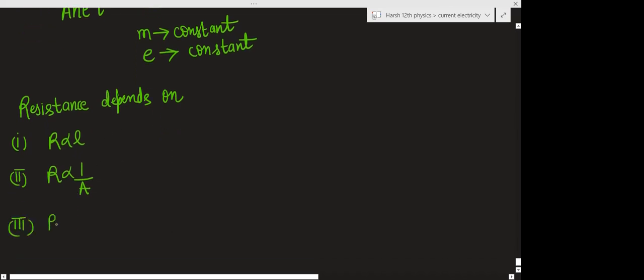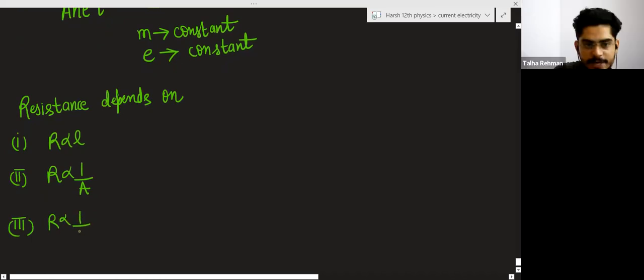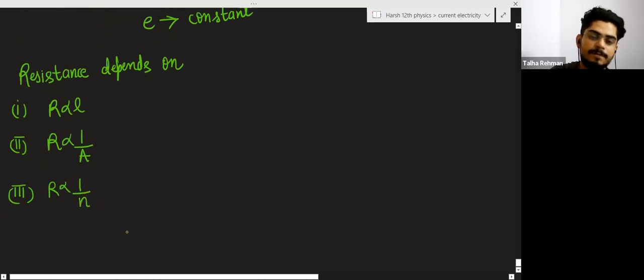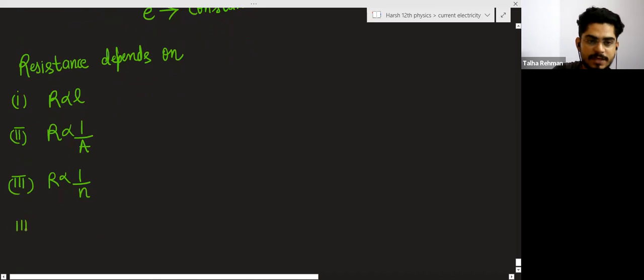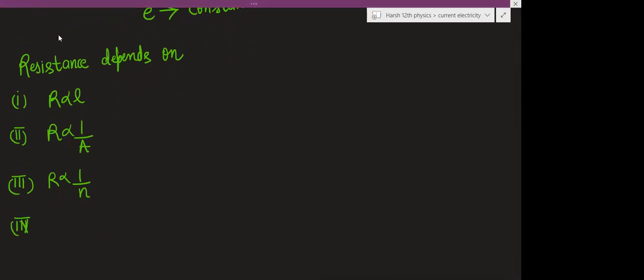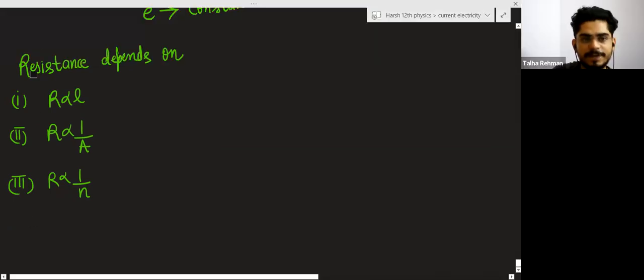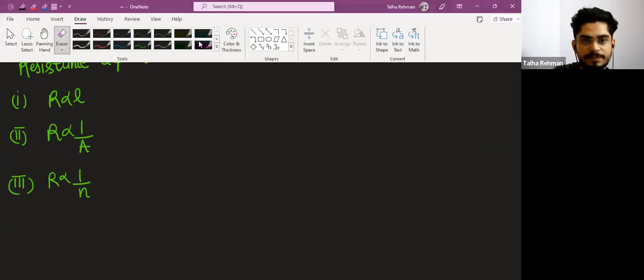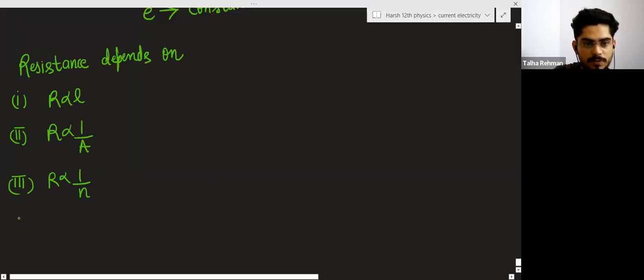Resistance is inversely proportional to small n, and inversely proportional to relaxation time. You can say temperature also, because relaxation time depends upon the temperature.